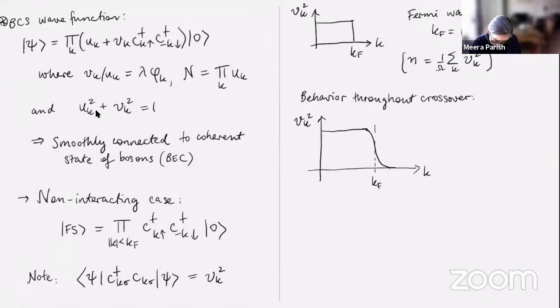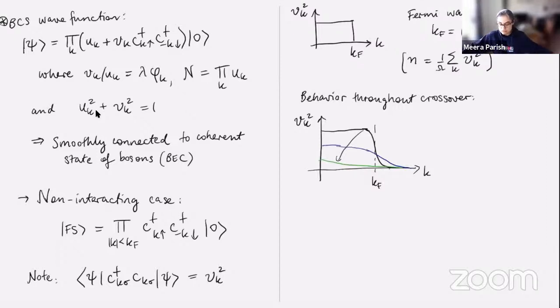That's something that looks like that in momentum space. Oops, let me try and draw it properly. So we have something that maybe looks like this, and then it smoothly crosses over to that.